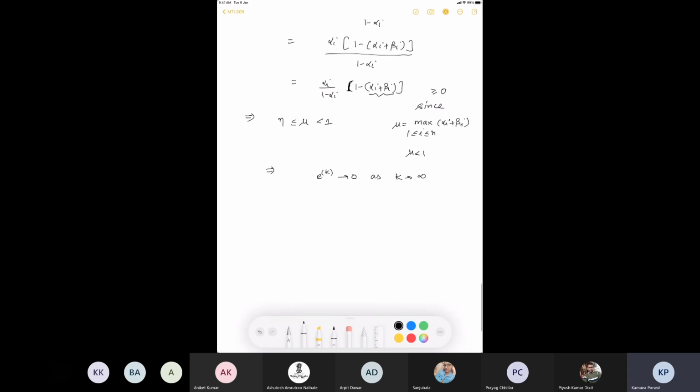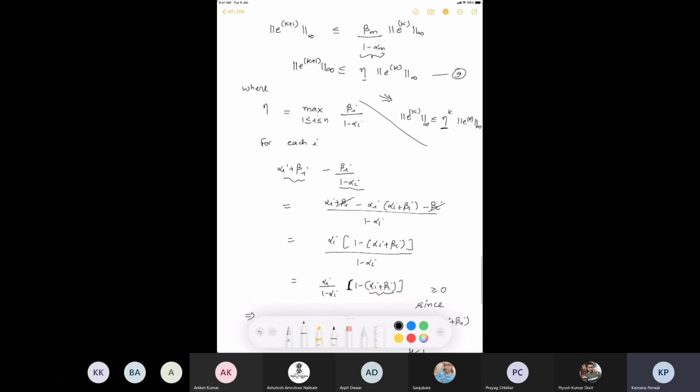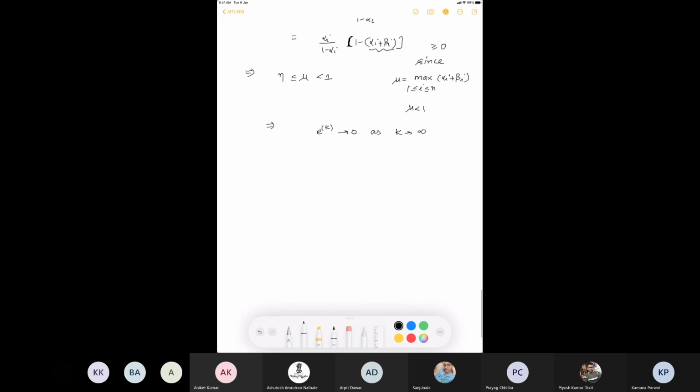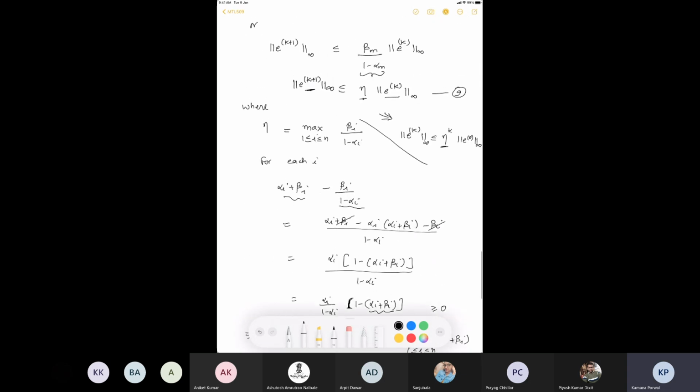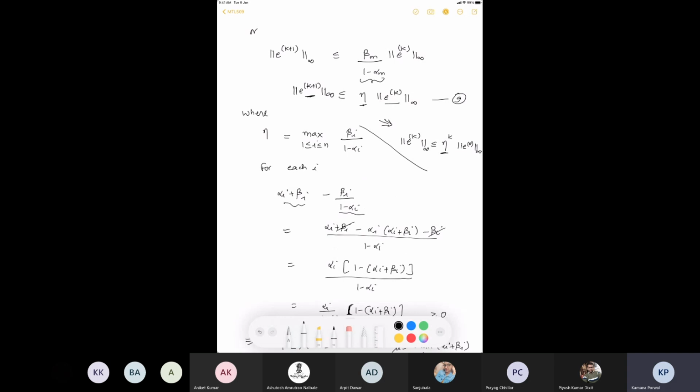And what about the convergence? The convergence is linear because you can see that the relation between ek plus 1 and ek is a linear relation, and the rate of convergence is eta. So in terms of the order of convergence, the Jacobi method and the Seidel method both converge linearly.